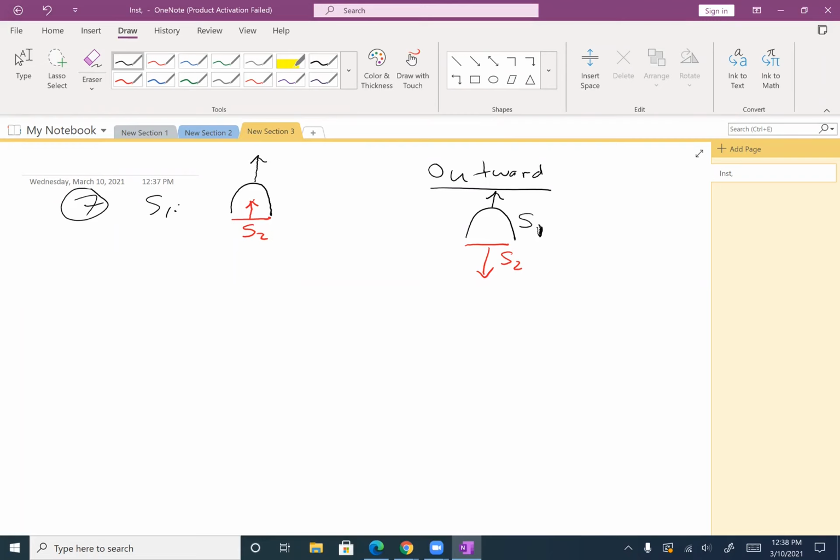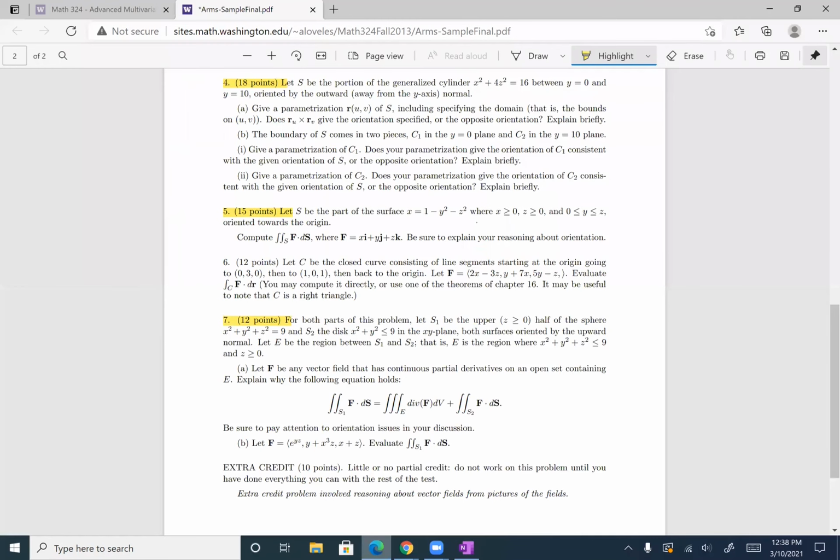And so, as you can imagine, there's going to be a sign. And they put E as that region on the inside. So I'll just denote it.